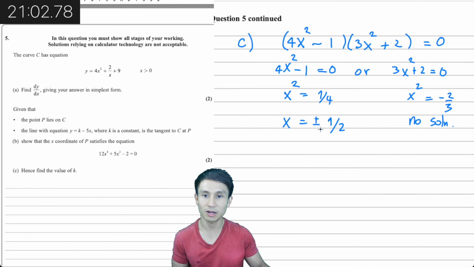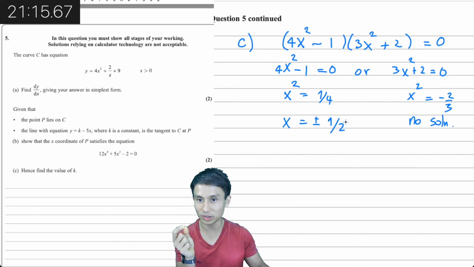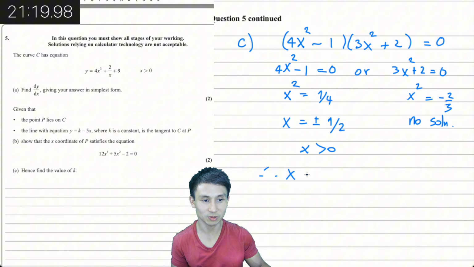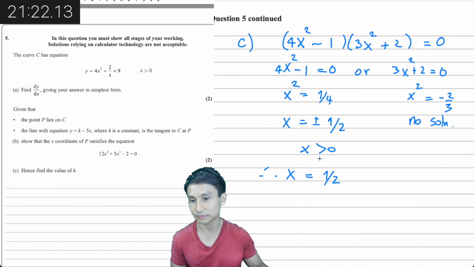Now, because I just glanced at the question again, I get 2 solutions. I'm always careful here. If you look at the first line of the question, because x is greater than 0, therefore x must only be a half.